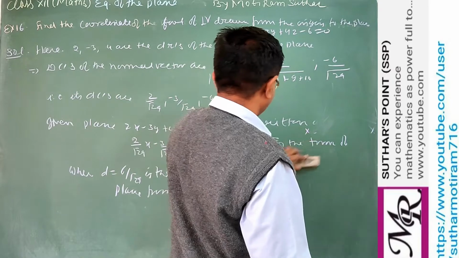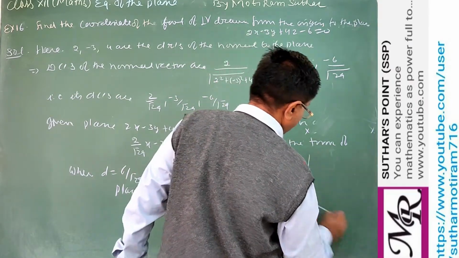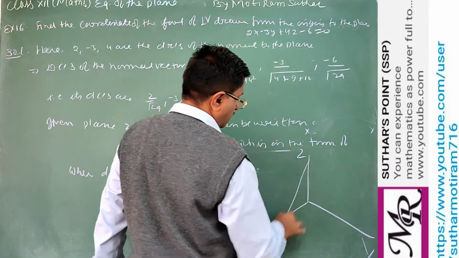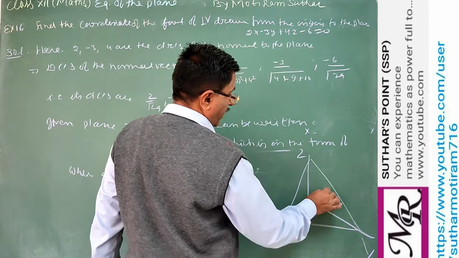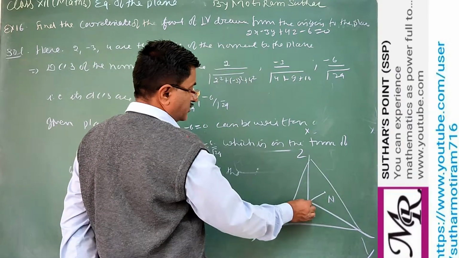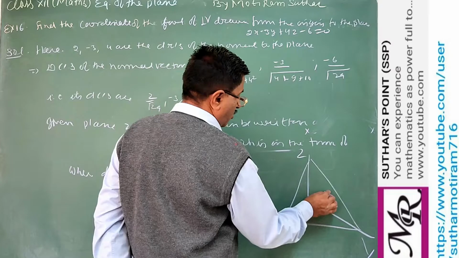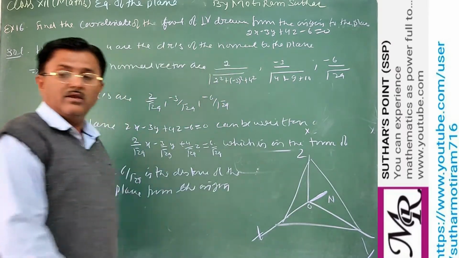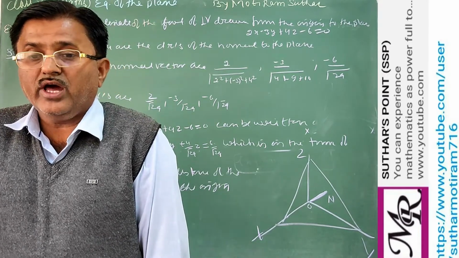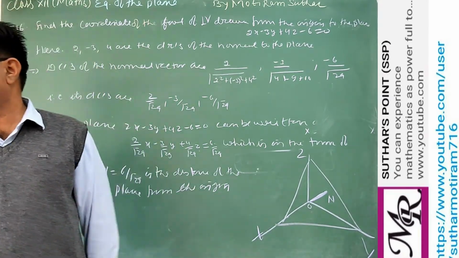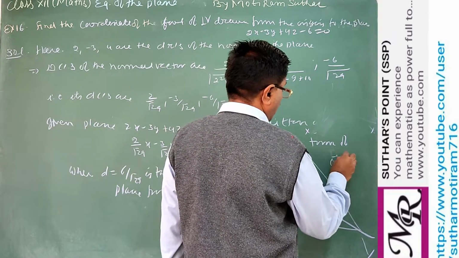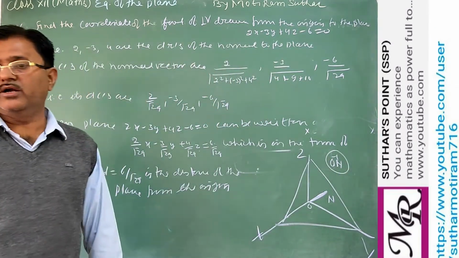Suppose N is a point on the plane and we join it to O, the origin. ON is the perpendicular to the plane.